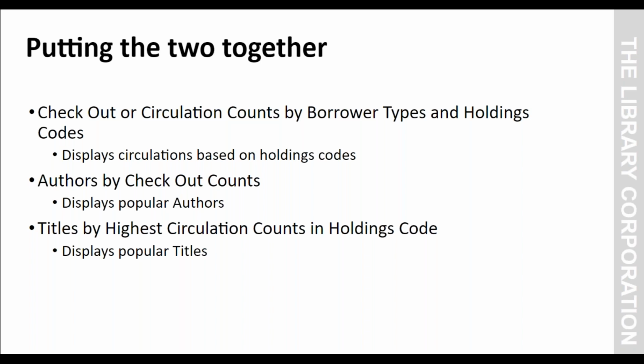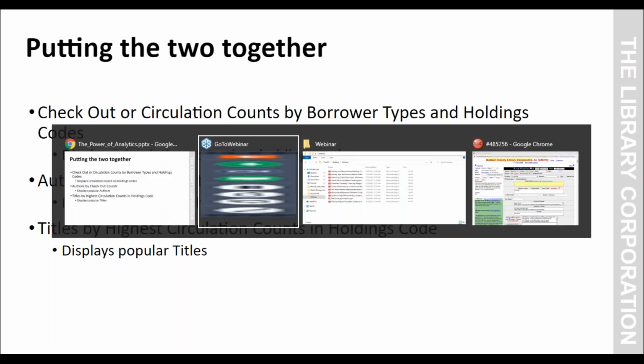I have 3 reports that I wanted to showcase in regards to that. They include the checkout or circulation counts by borrower types and holdings code, popular authors by checkout counts, and then the titles by highest circulation counts in the holdings codes to display popular titles.